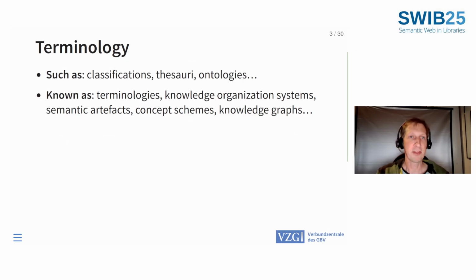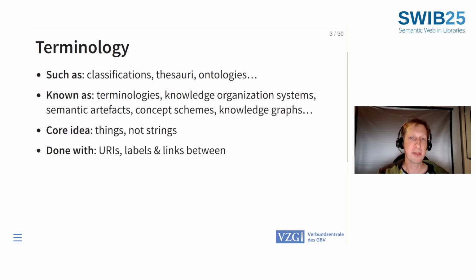All of these systems share the basic idea to encode things, not strings. So we have identifiers that refer to things and not just a name. These identifiers should be unique, and it should be possible to look them up. This is the simple idea of linked open data.